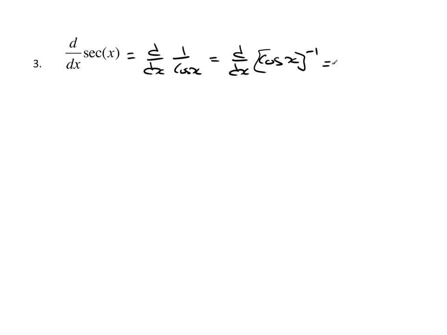So this is going to be equal to a negative 1 times cosine of x to the negative 2, which is equal to a negative 1 over cosine squared of x. Oops, forgot the chain rule. I need to put in sine of x there. Negative sine of x.